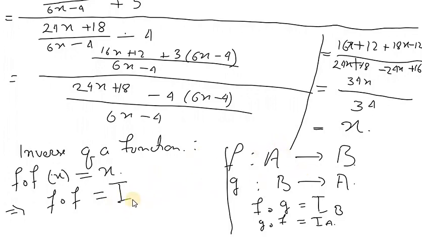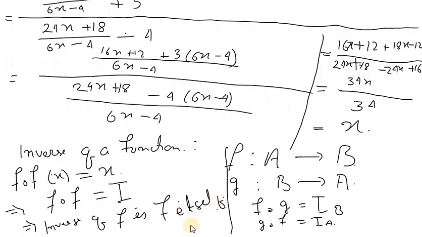Here A is not given, so it's okay. As this is the identity, we can say that the inverse of f is f itself. Okay, f itself. So f is like this.